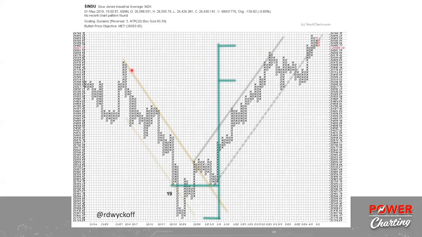Last thing I want to do is show you this downtrend channel. We draw on this point, we draw on this point. We have an oversold line here between these three areas. We're able to draw a channel.